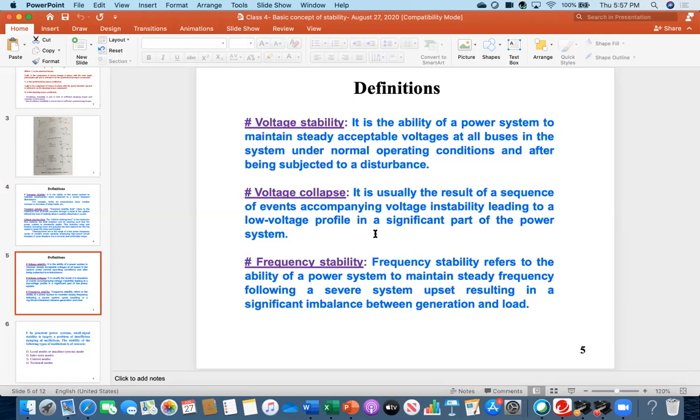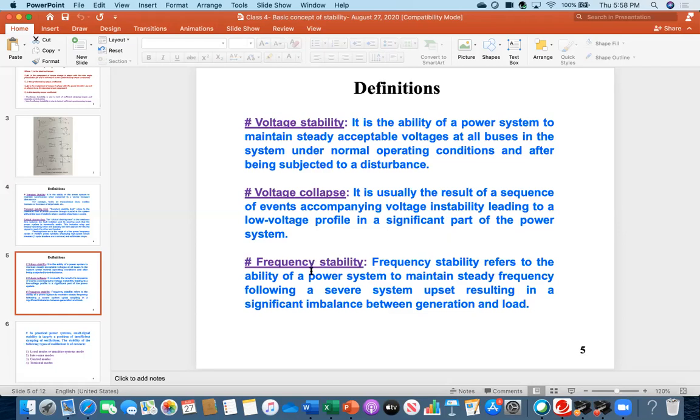Full voltage instability. What is the meaning of frequency stability? Again, the same thing. Frequency stability means that due to small disturbance or large disturbance, if the frequency is maintained at a steady level, then you can say the system is maintaining stability with respect to frequency.